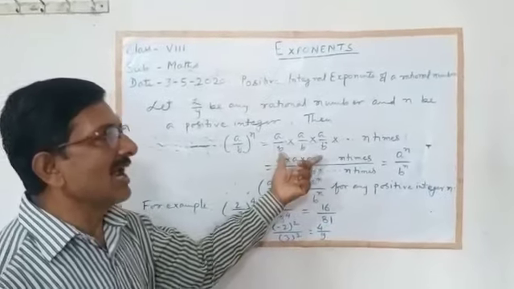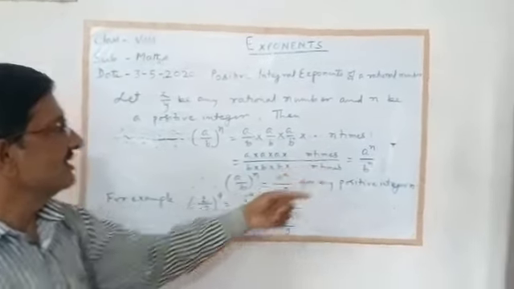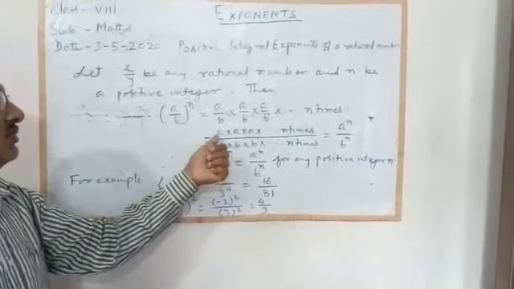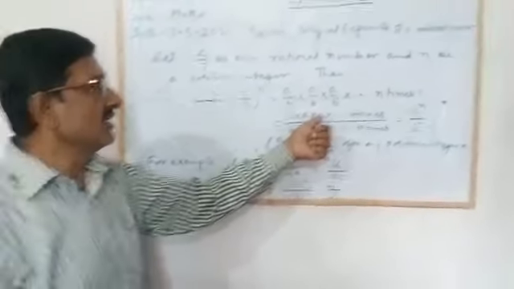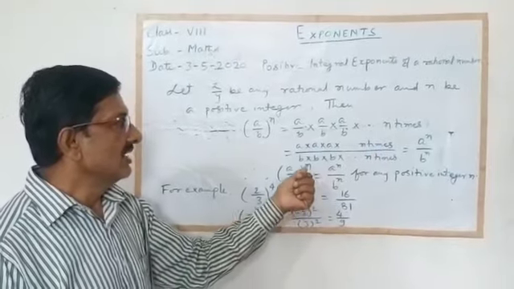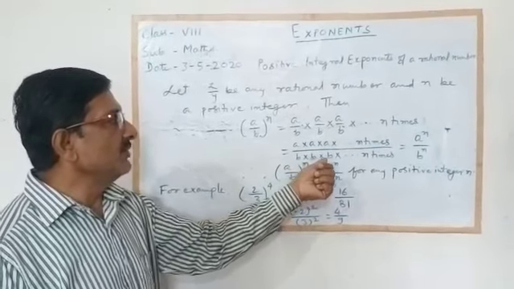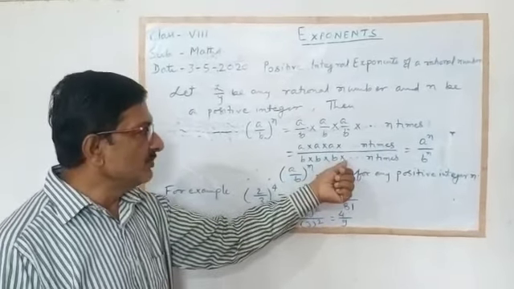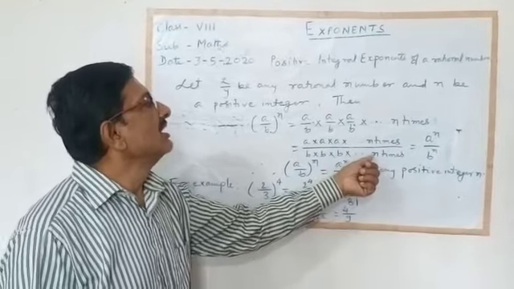We have to multiply it n times. Here it gives you a into a into a into a, n times, and b into b into b into b, n times.